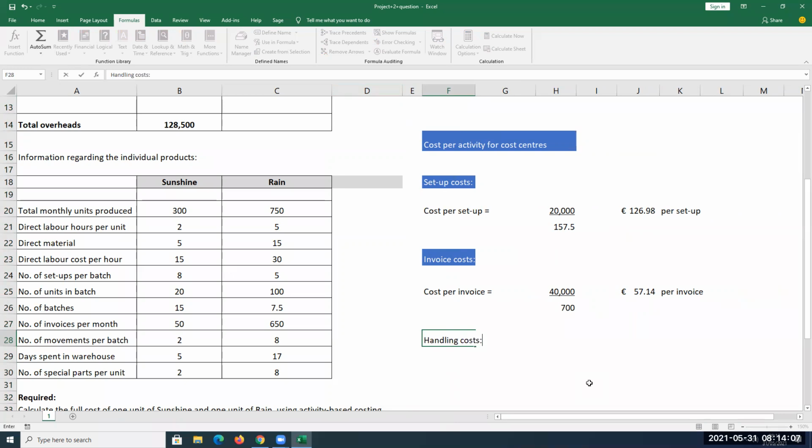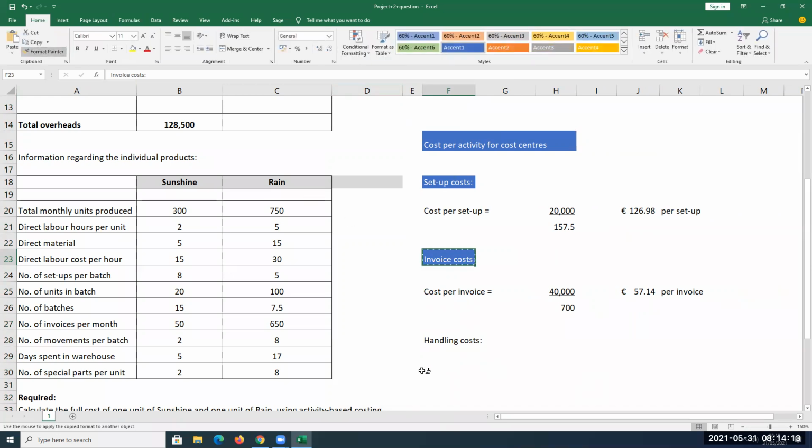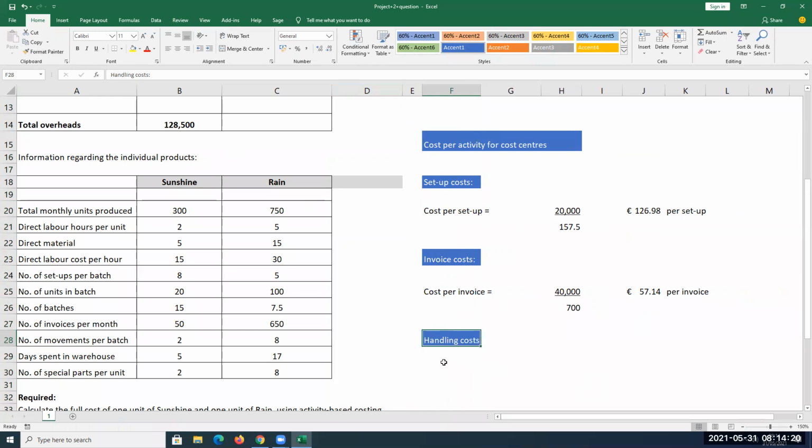Handling costs. So I'm going to calculate the handling cost per invoice.